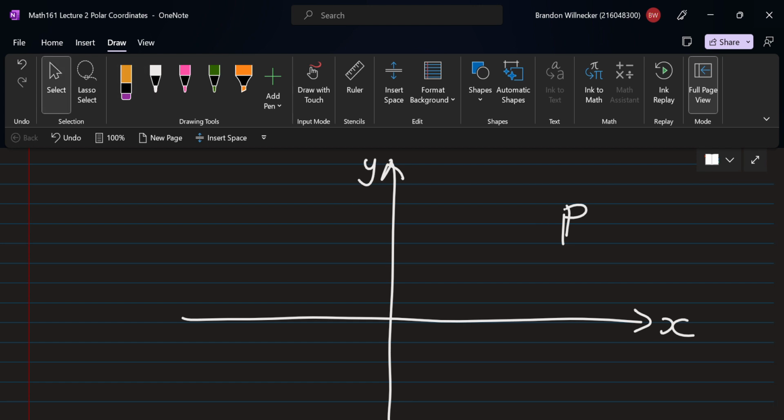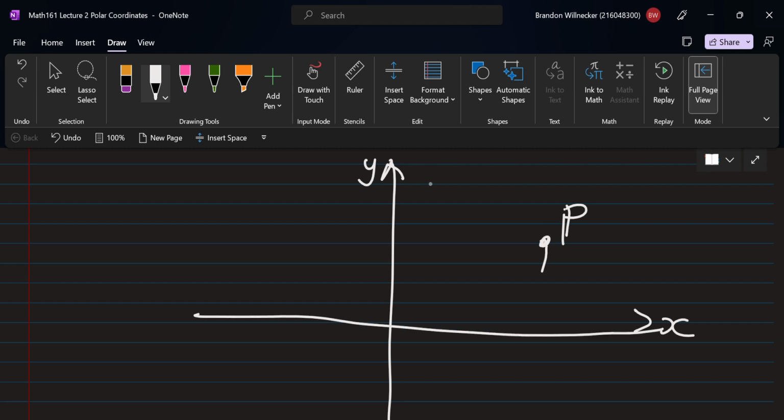We can have a y part and an x part, and that gives us Cartesian. This distance along here, we call x, the horizontal distance. This distance here, we call y, the vertical. That's what Cartesian is all about: you've got the horizontal part and the vertical part, and that's how you describe the point.